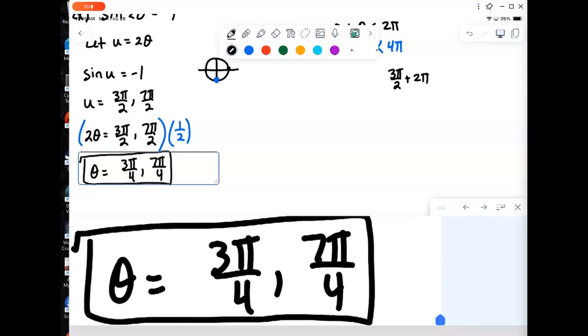So definitely a more involved process as we're solving these equations.